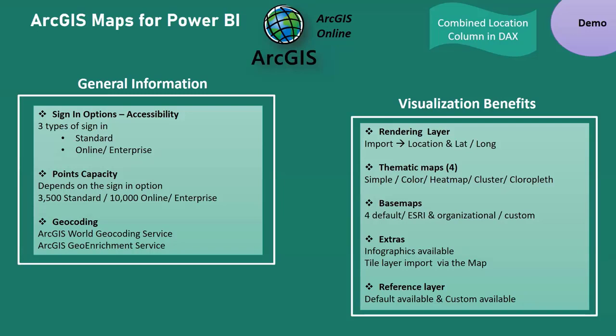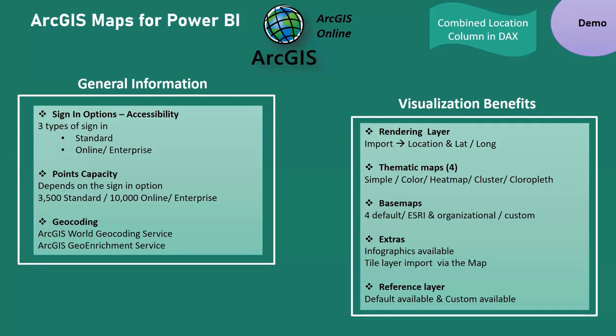And we have a points capacity based on the signing option. So in the start around 3,000, online enterprises 10,000. Different types of geocoding, geo-enrichment for polygons. What is interesting about ArcGIS is that it offers a very big library from S3.